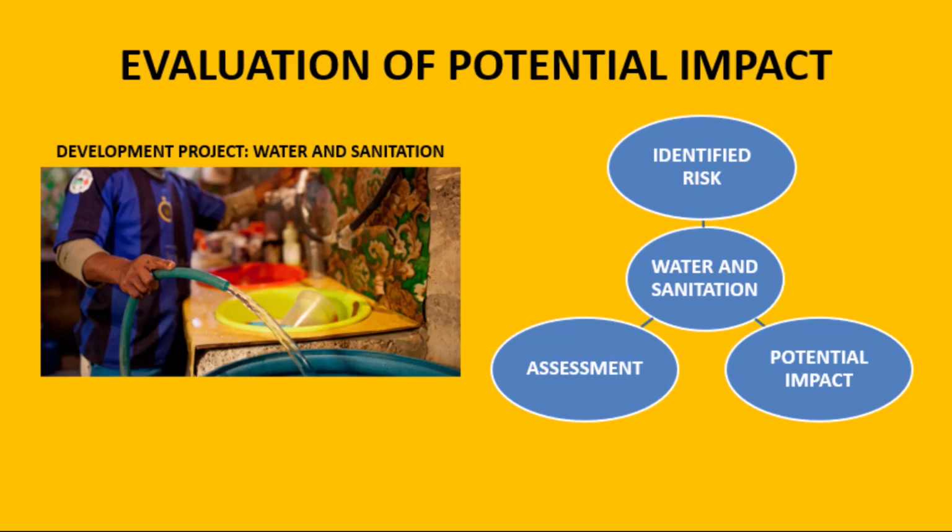In each of the three contexts that we've just looked at, teams should actively involve stakeholders to identify risks comprehensively. This includes considering the financial, environmental, social, and operational aspects.